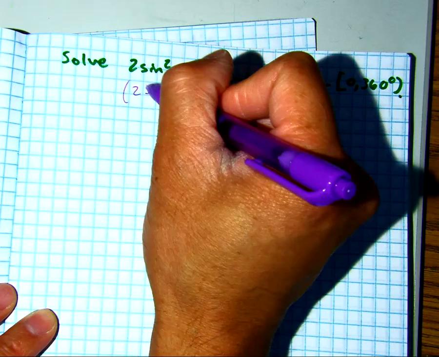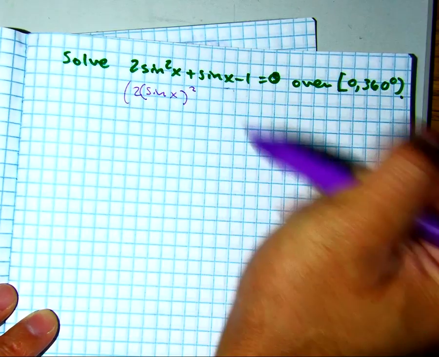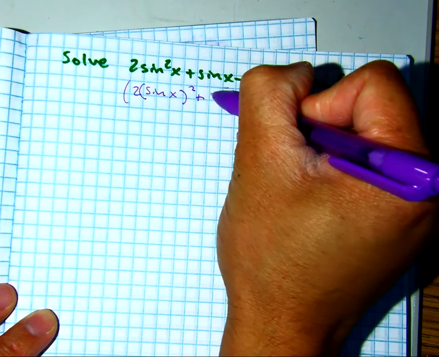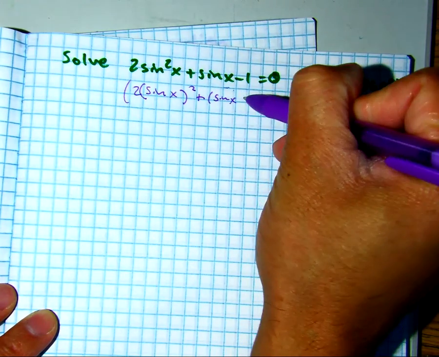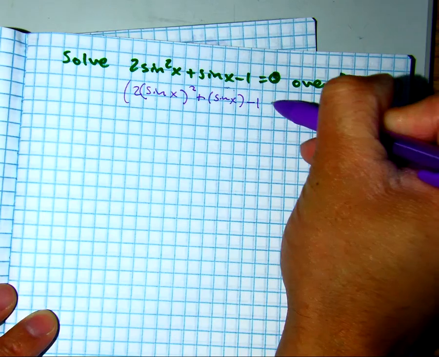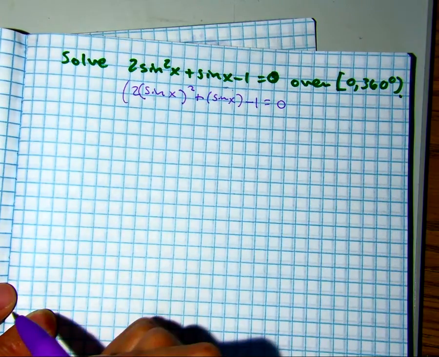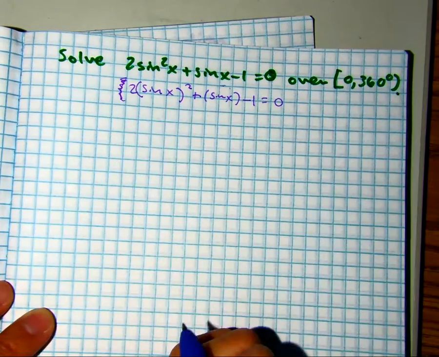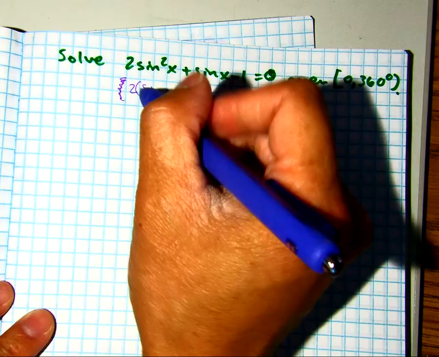And then we add parentheses sine x parentheses minus 1 equals 0. Okay. Now what? You could just tell me your binomials.